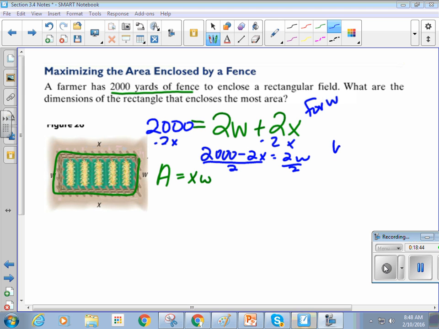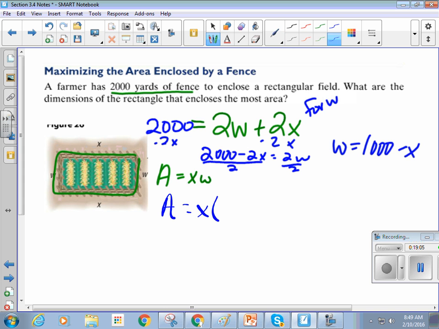So I get W is equal to 1,000 minus X. All right, so we're going to take this area formula and instead of W, we're going to have 1,000 minus X. And then we're going to distribute.